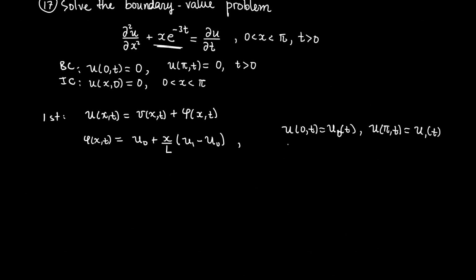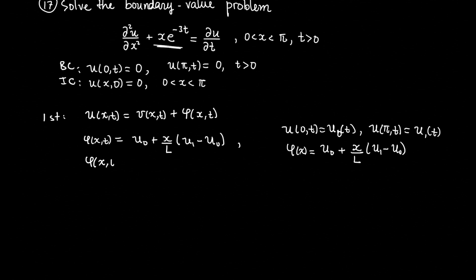I want to force phi to be u0 plus x over L times (u1 minus u0). I want it to have a linear relationship with the boundary conditions. That's how you build your phi function.